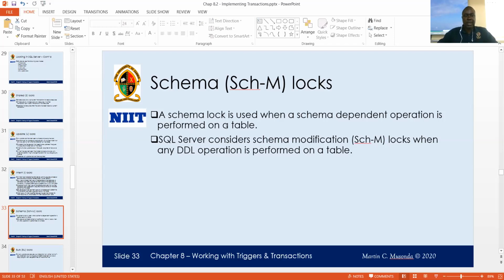Okay. We say that the schema is a logical grouping of objects in the database. The idea is objects where permission needs to be given to one group of people can be put in one schema. So if you have designed a database, you may have certain tables where only people from accounts or finance department should have access.